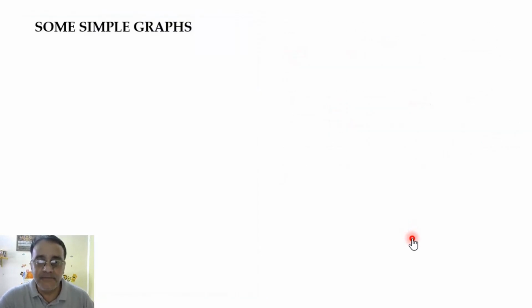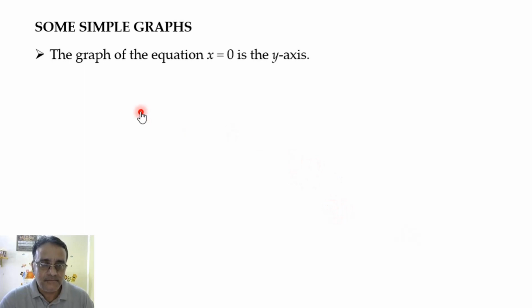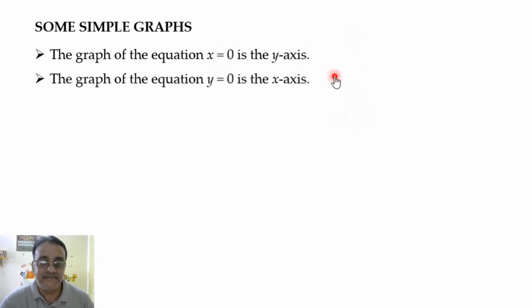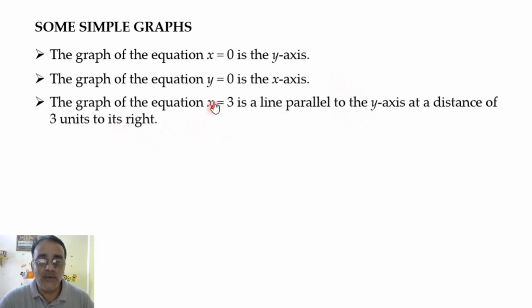Some simple graphs. Next, this is the last topic. The graph of the equation x equals 0 is the y-axis. Similarly, y equals 0 is the x-axis. And the graph of the equation x equals 3 is a line parallel to y-axis at a distance of 3 units to its right side.